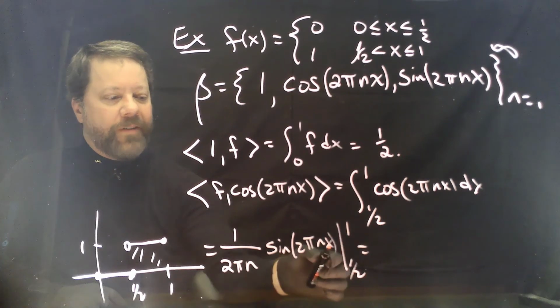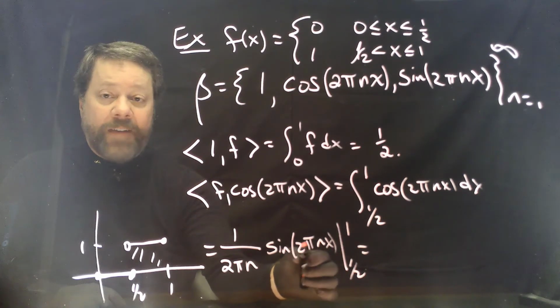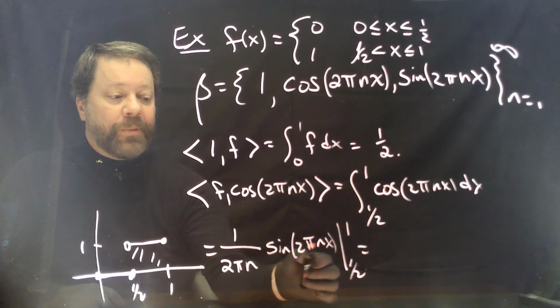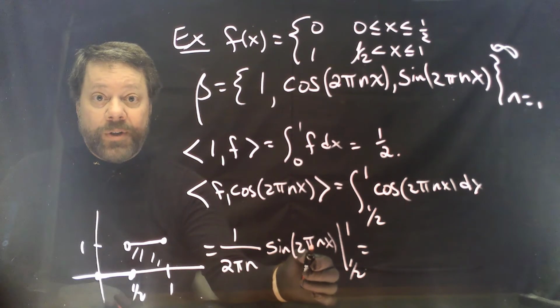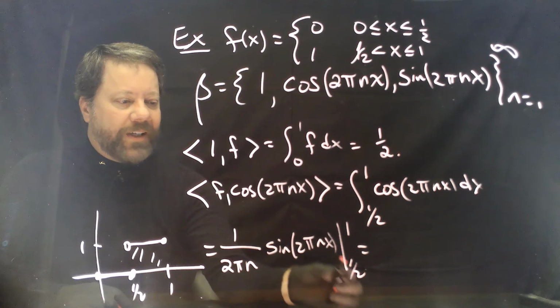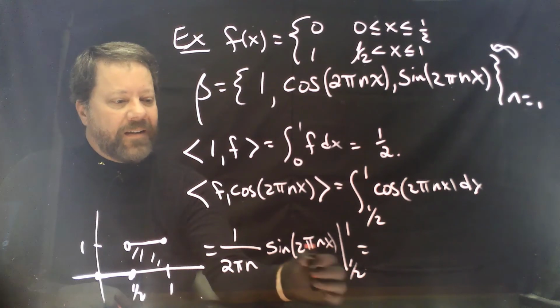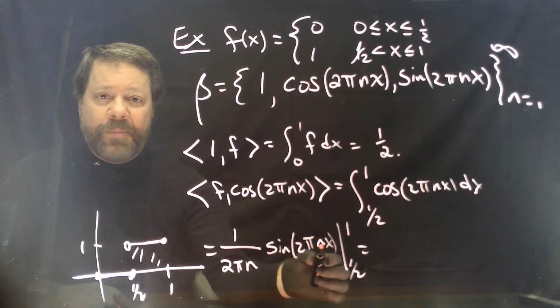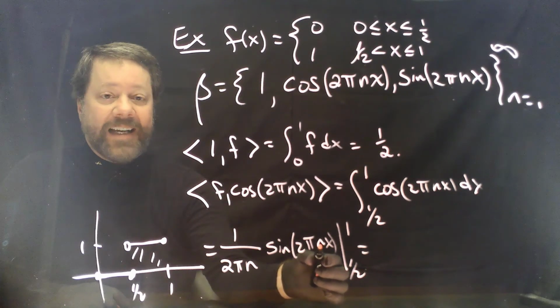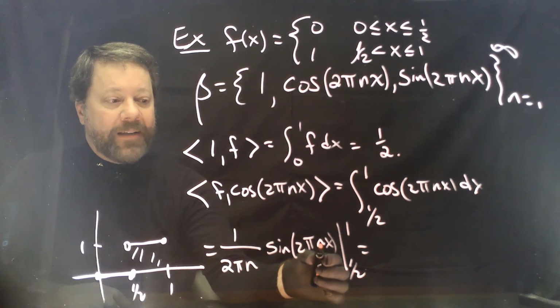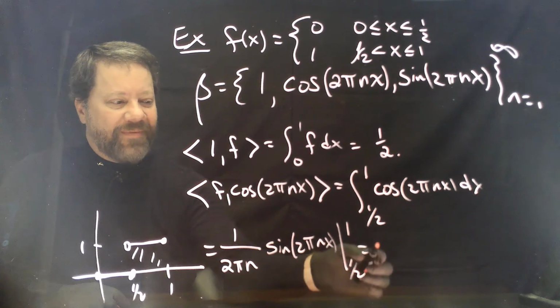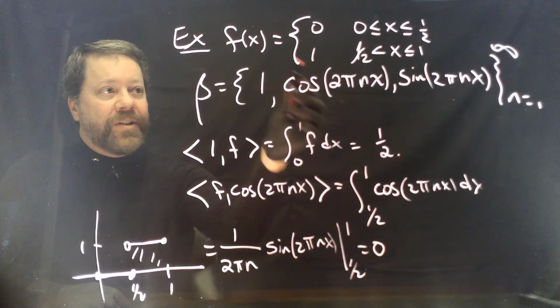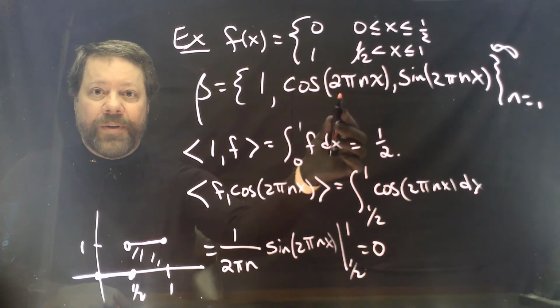When you plug in 1 for x, you're evaluating sine at an integer multiple of 2 pi, which is 0. When I plug in 1/2, the 2's will cancel and I'll still be evaluating sine at an integer multiple of pi, which is 0. So this function is orthogonal to all of those.